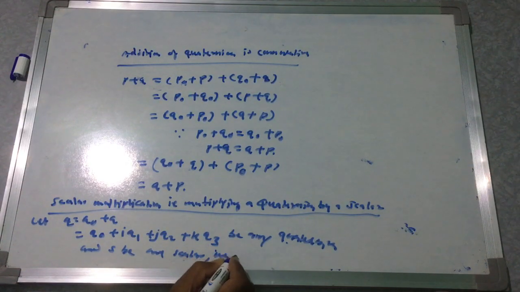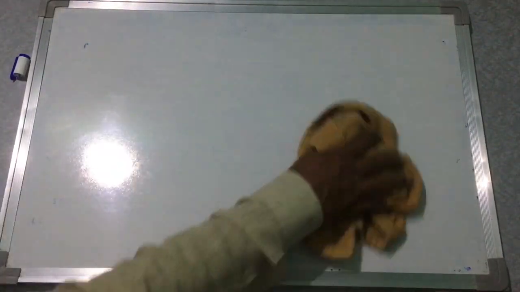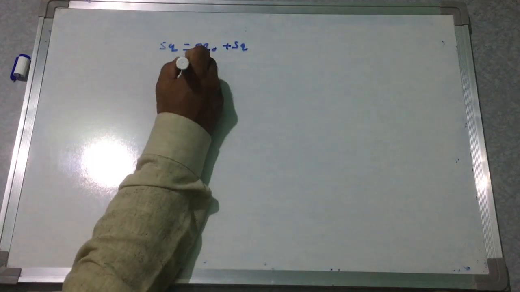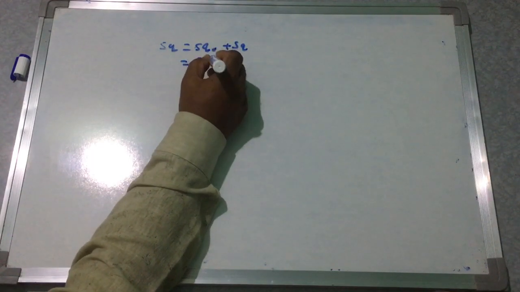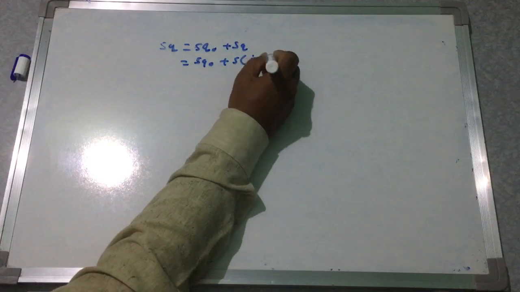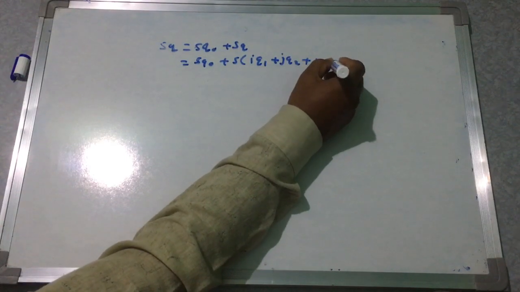Then we define SQ is equal to SQ0 plus S into I Q1 plus Q2 plus K Q3.